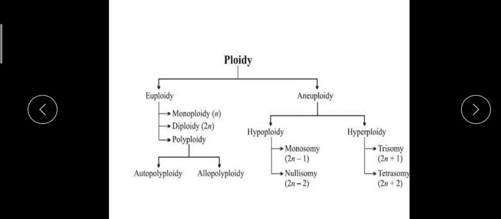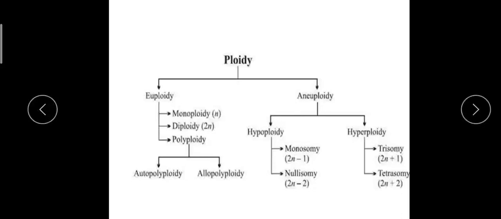This euploidy condition is found in somatic cells. The somatic chromosome number is found as a multiple of the basic chromosome number. For the basic set, the basic chromosome number, we use the term monoploid.